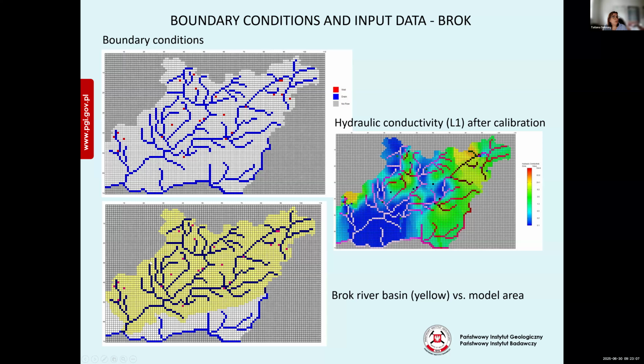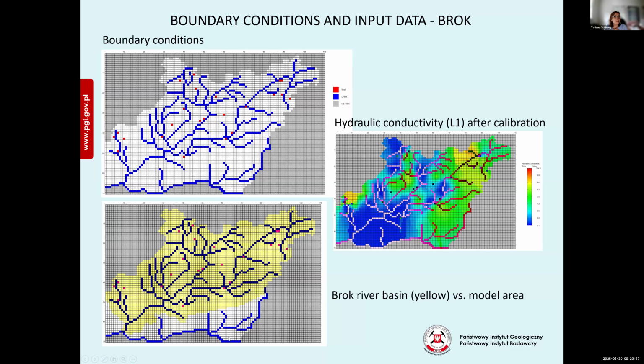During calibration, the groundwater watershed between Buk and the Brock developed naturally and closely matched the surface watershed, contradicting the hypothesis of an exceptionally strong influence of the Buk on regional drainage conditions.